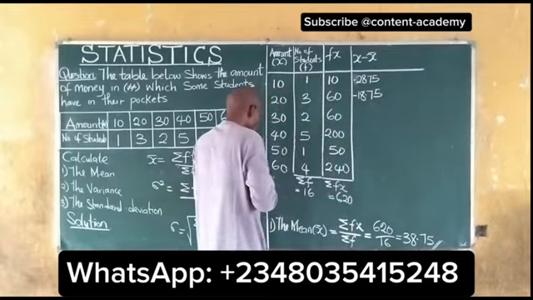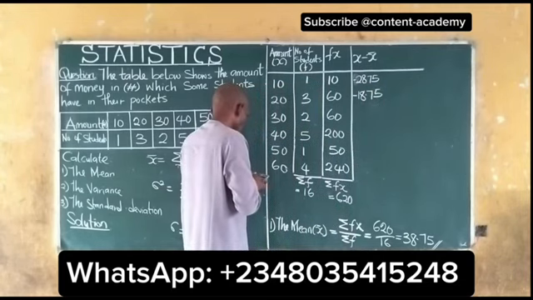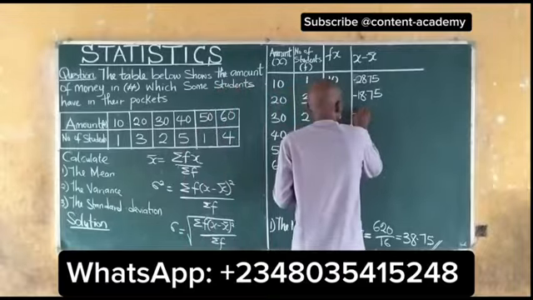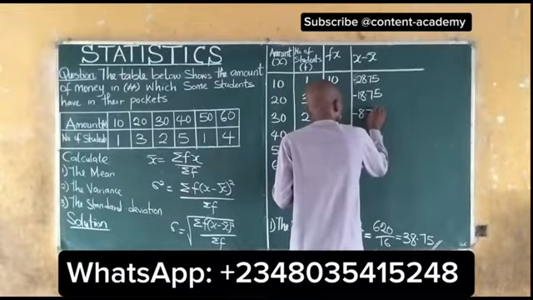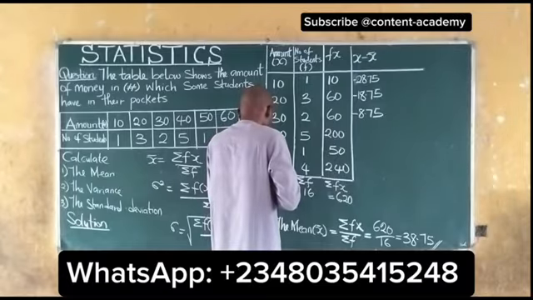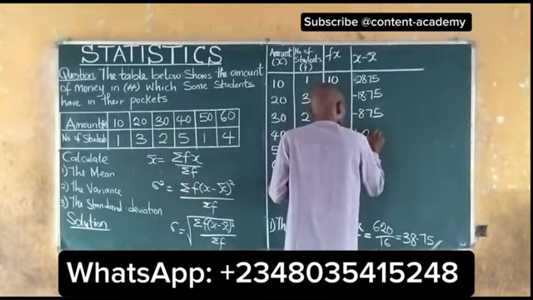We have 30 minus 38.75, we have minus 8.75. 40 minus 38.75, we have 1.25.